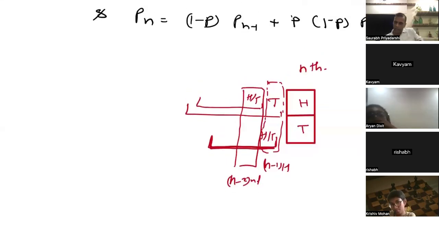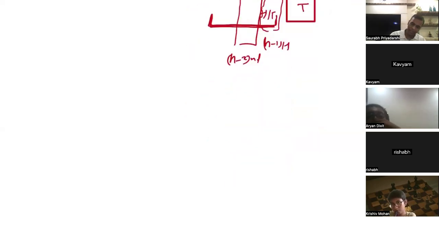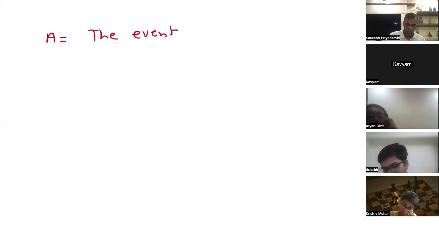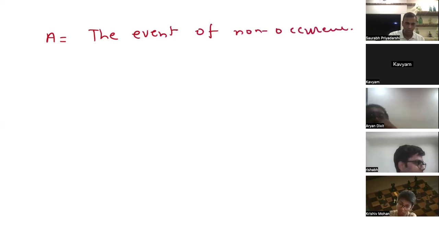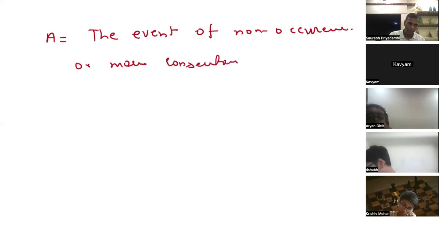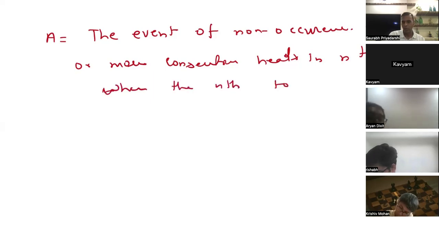Let A and B divide this into two. A is the event of non-occurrence of two or more consecutive heads in n tosses when the nth toss is tail.